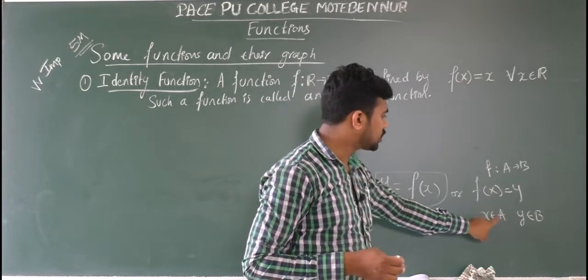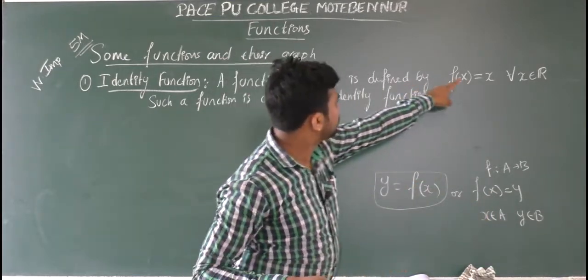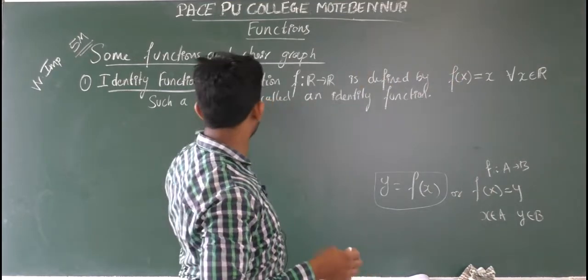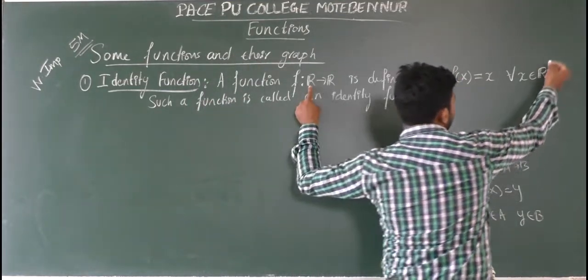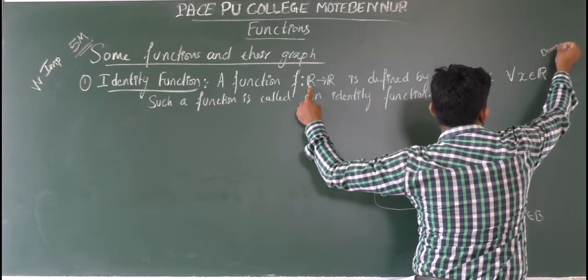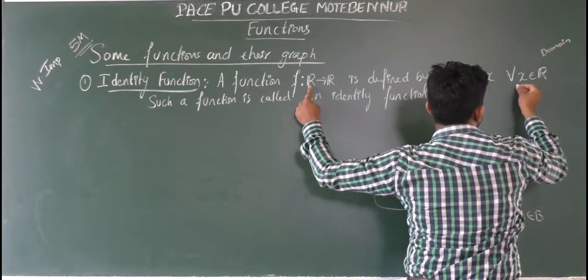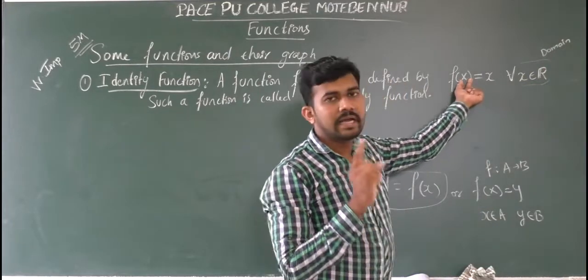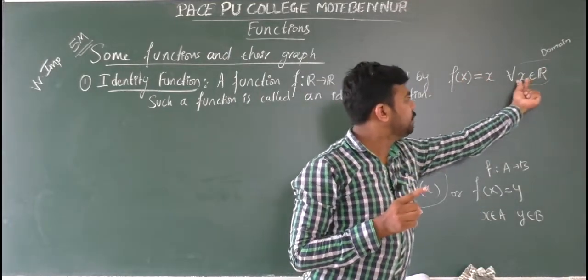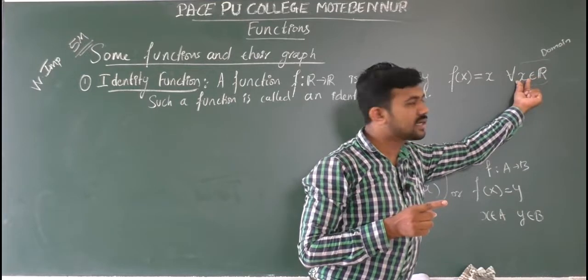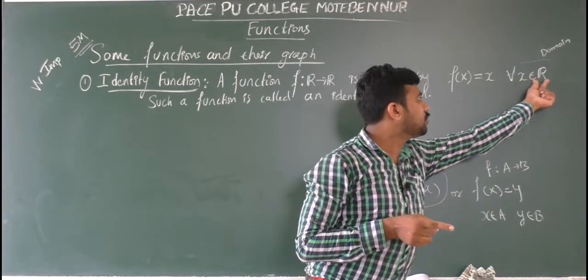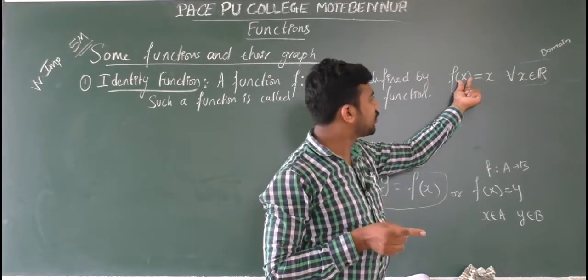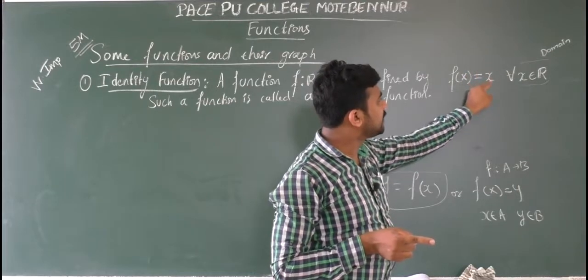Here x belongs to R, the domain of this function, the real numbers. If you take any element of the domain, what is the image of that element?